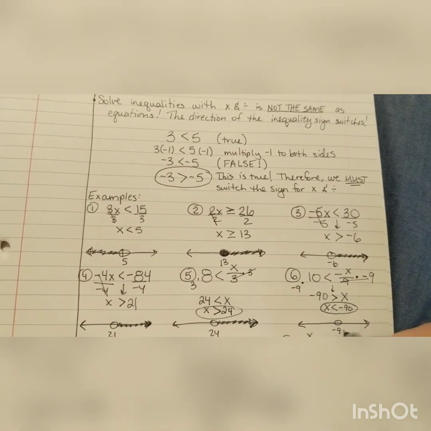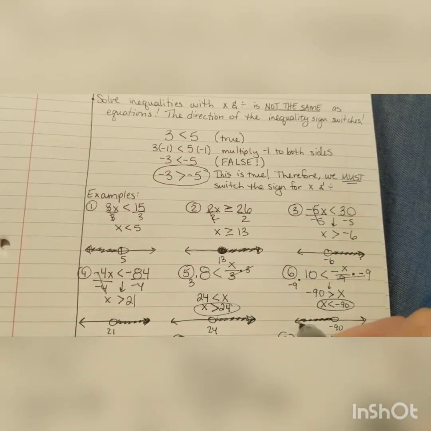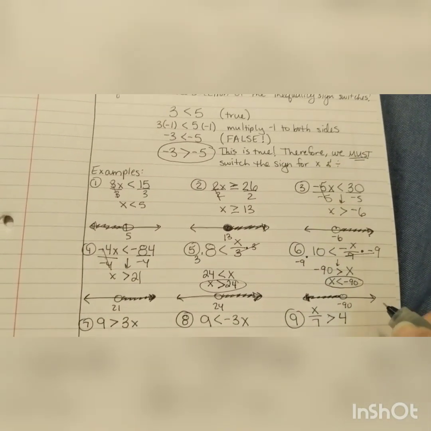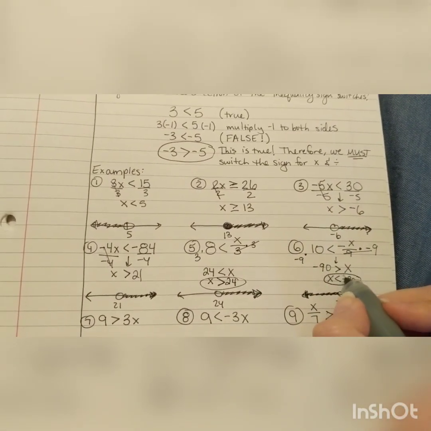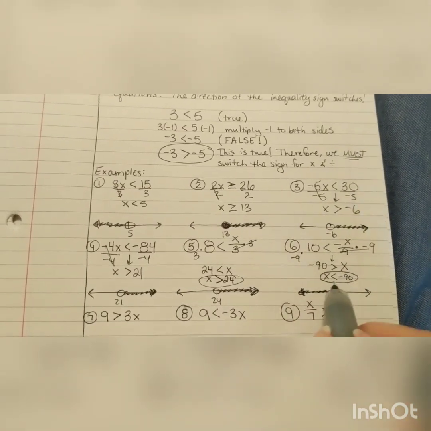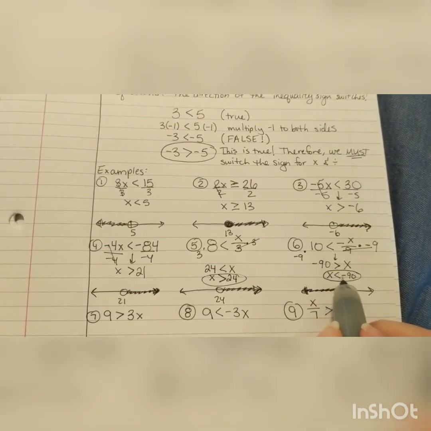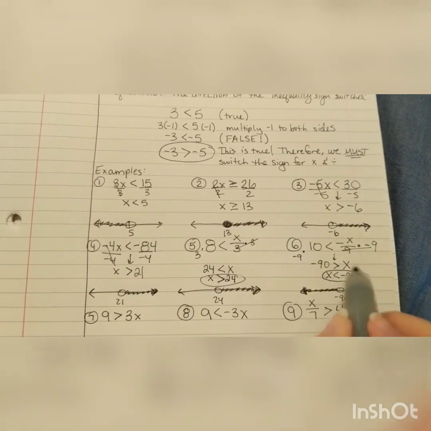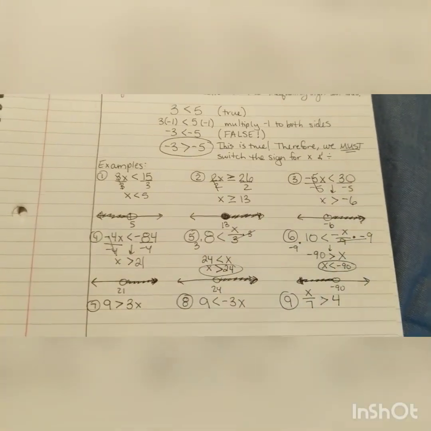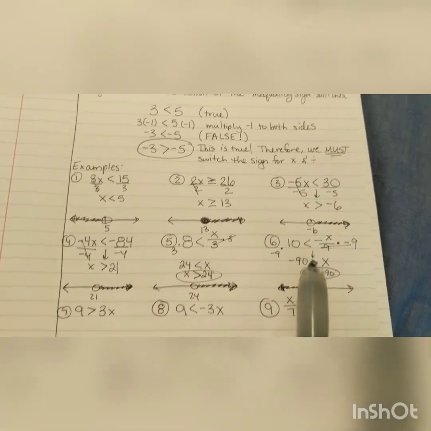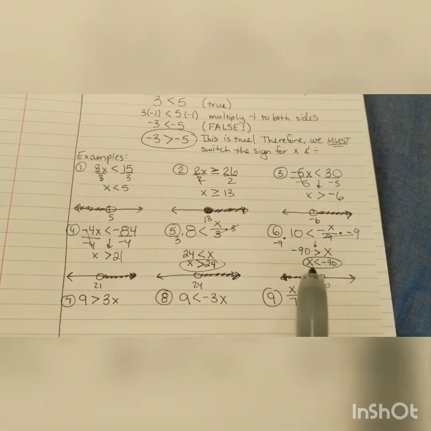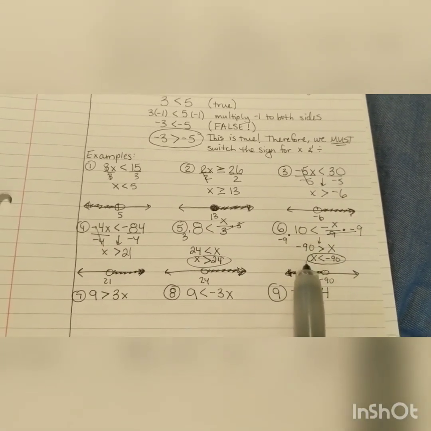Open circle at -90, shading everything to the left. So I multiplied by a negative, therefore my sign has to switch directions. And it looks like it stayed the same, but it switched directions again because I flipped my entire inequality. So I don't do this until the very end. I solve it, and then I need to decide if I'm going to flip it to put my variable on the left.